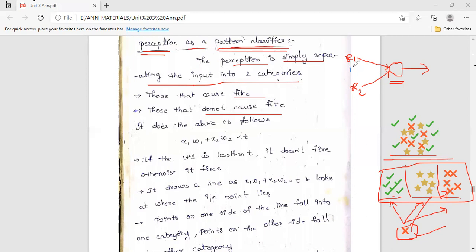I mean, it is activated at that time. The x2 is not fired, which means the x2 value will be 0. If you want to say x2 is fired, automatically the value of x2 is 1. If x1 is not fired, you can represent that x1 value with 0.